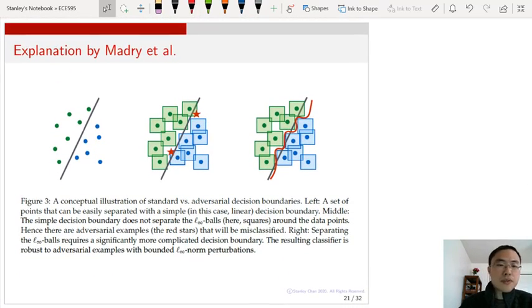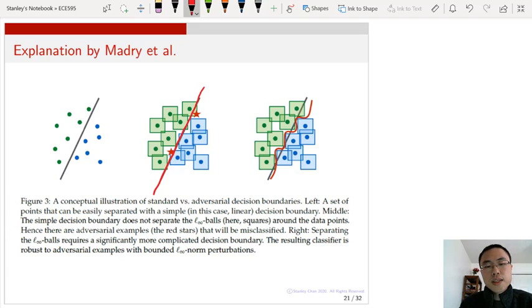The explanation by Madry et al. says that if I have a data set that is located like this, and you don't do anything, then this is your decision boundary. And the decision boundary can be very sensitive to certain perturbations.